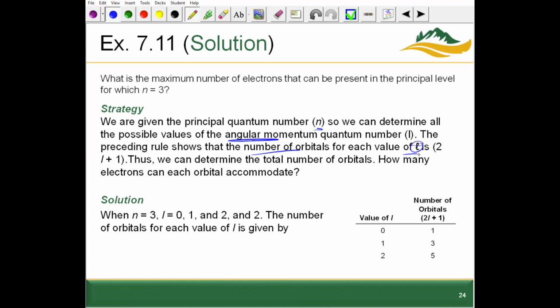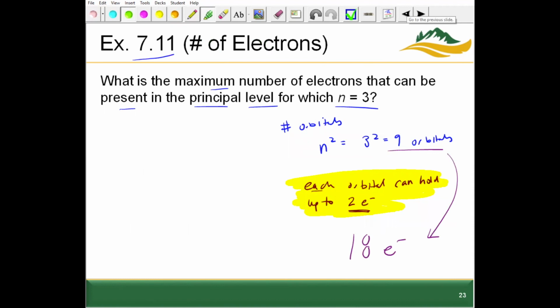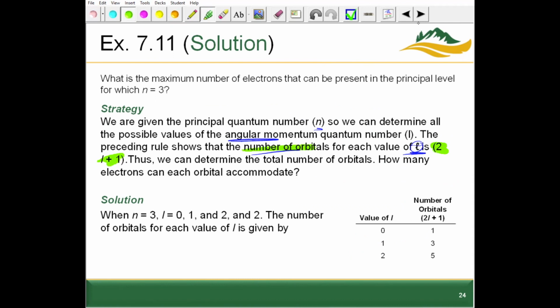So if we're just focusing on 1 L, we can calculate the number of orbitals as 2L plus 1. This equation we looked at here is just looking at the value for n. If we're just looking at n, it's n squared to tell us the number of orbitals. Here though, just looking at the value for L, that's 2L plus 1 tells us the number of orbitals.